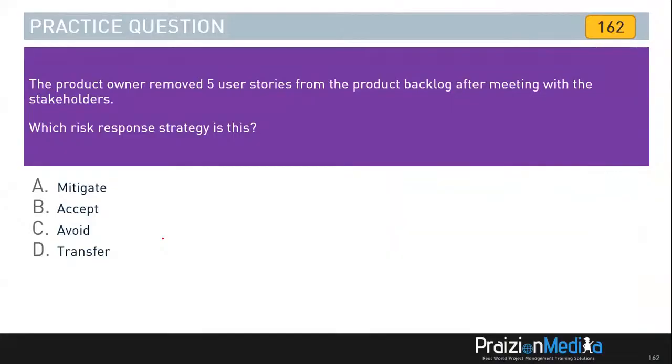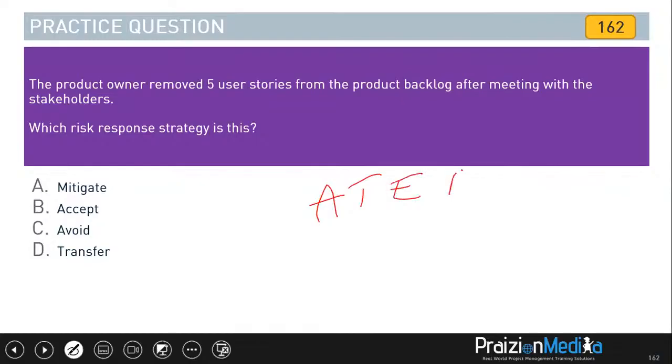All right, so you should understand the responses in the PMBOK guide. You've got accept, transfer, escalate, avoid, and mitigate. Right, so which of these is it? When you cut off a chunk of the project, when you take out the scope, you have just done an avoidance.